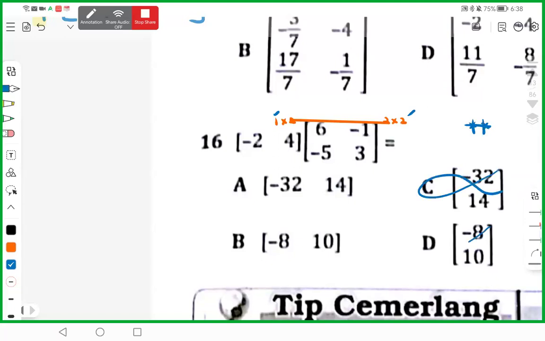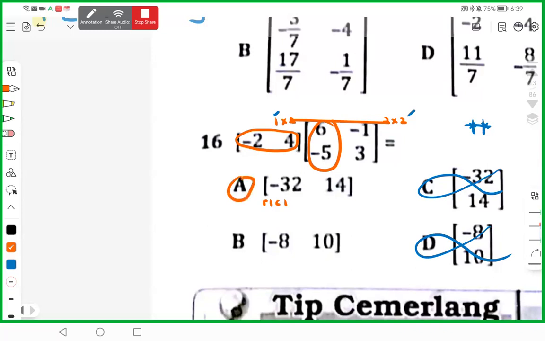So this cannot be, this cannot. Then we find the answer. Row 1, column 1. So just key calculator, -2 times 6 plus the second number, 4 times -5.